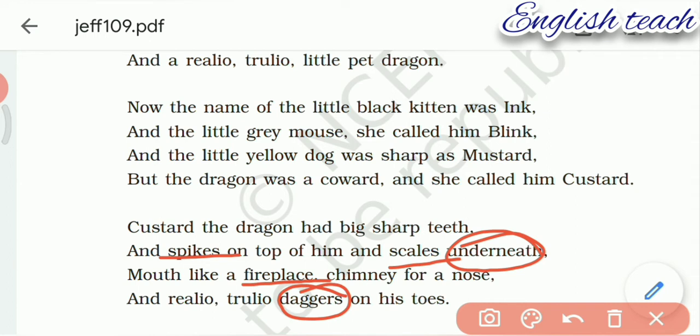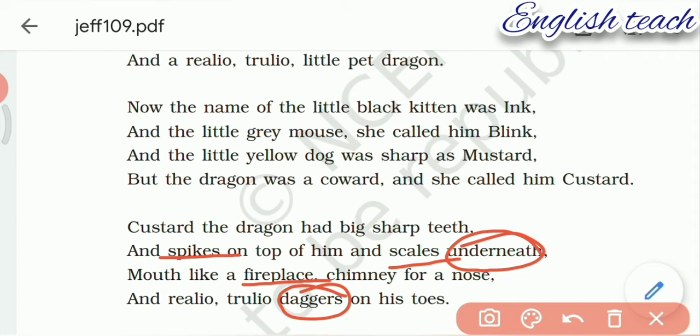In this paragraph, the poet describes the dragon that it had big sharp teeth and spikes on top. This means that its skin was pointed on the top. On the lower part, it had scales, which were bony plates to protect the skin.